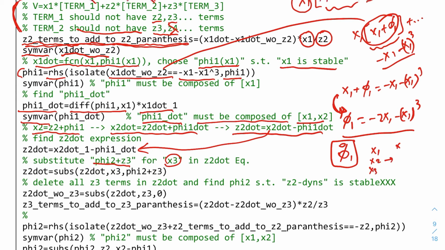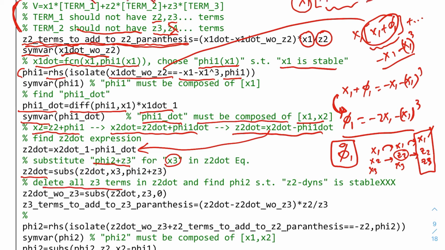We had x1, x2, x3, and then x1, z2, x3, and now we are trying to find the dynamics in these new coordinates, x1, z2, z3. Here is z2 dot.